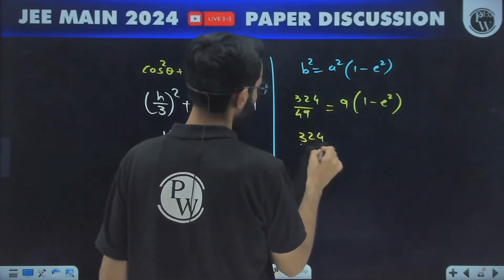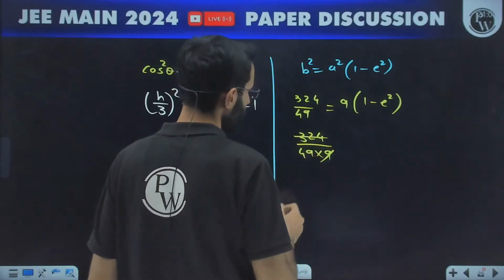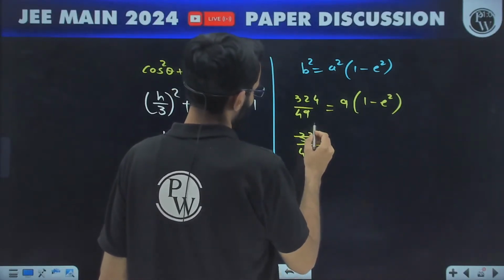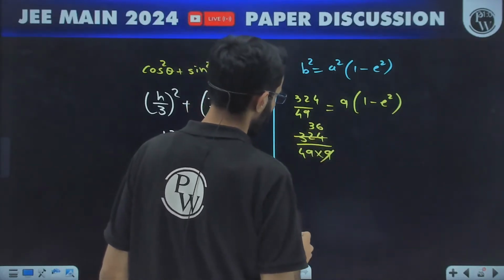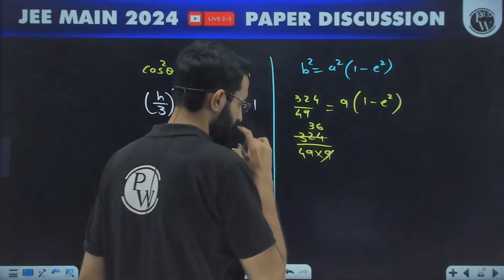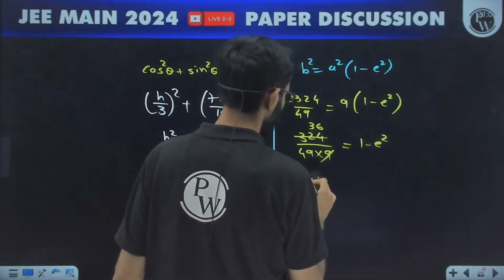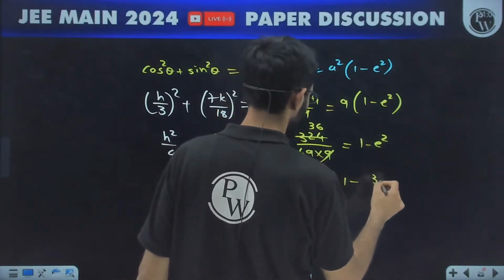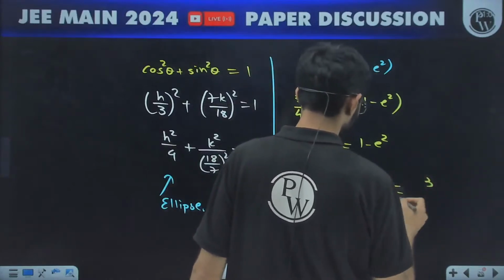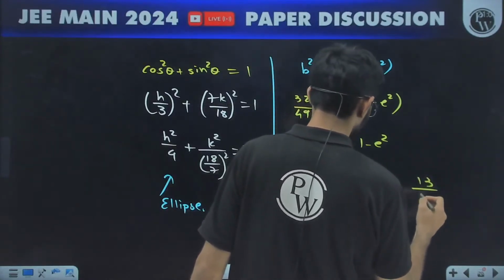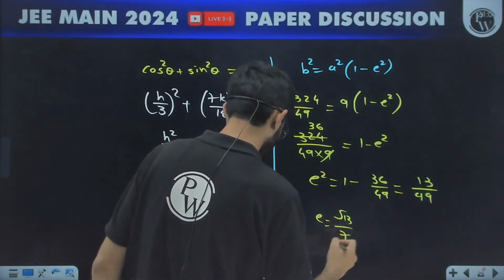So 324 upon 49 into 9: 9 threes are 27, 9 sixes are 54, so 36 by 49 equal to 1 minus e square. So e square will become 1 minus 36 by 49, that is 49 minus 36, so 13 by 49. So e is root 13 by 7.